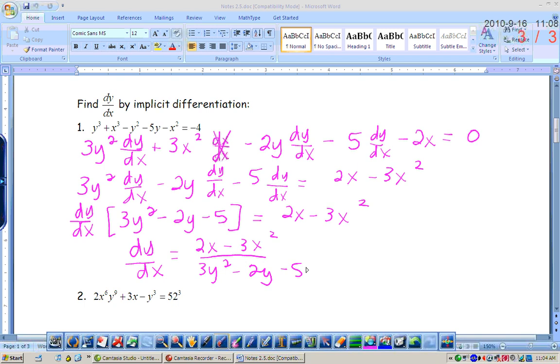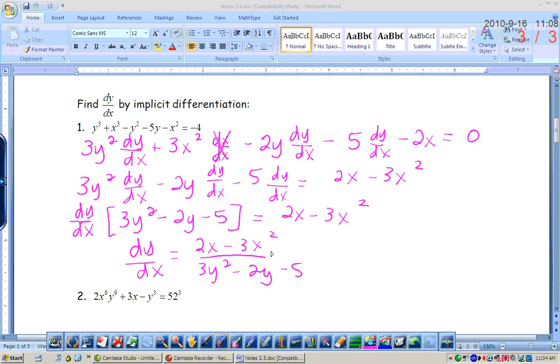It's okay for y's to be in your final answer, but what this means is the slope of this graph at any point is this big mess right here. So in order to find the slope at a specific point, I need to know the x value, but I also need to know the y value, right? It just means that the slope is now in terms of both x's and y's.